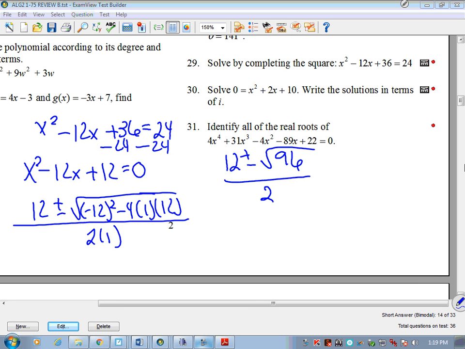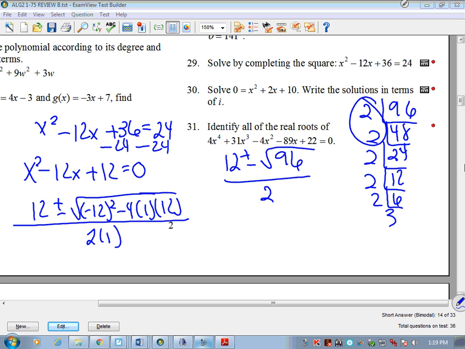No. So we would end up taking 96 and simplifying that down. That would be 2 and, is that 48? Yeah. 2 and 48, 2 and 24, 2 and 12, 2 and 6, 2 and 3. Pairs of 2's. So what we're getting there is 12 plus or minus 4 radical 6 over 2.